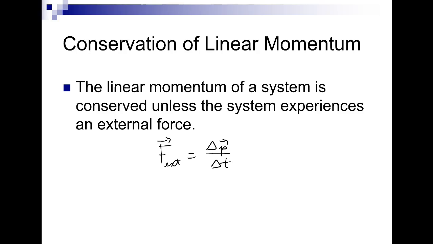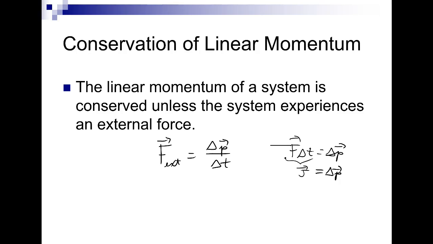This is what we talked about in the last video, where we took Newton's second law and rearranged it in terms of force and momentum. And we also wrote this as F delta T equals delta P, where F delta T was the impulse and delta P was the change in momentum.